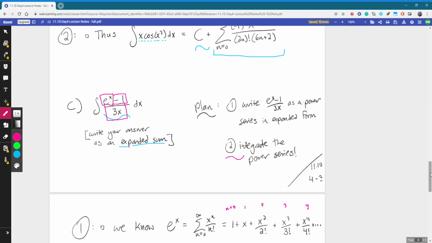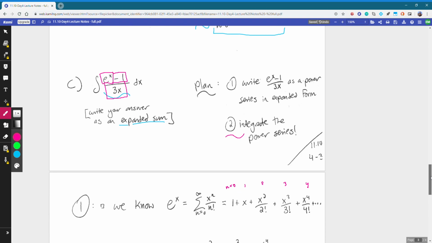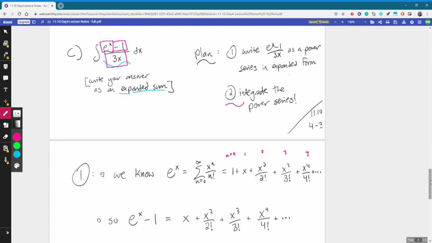The thing to remember is, if we want to subtract 1, we only want to subtract 1. And so what I mean here is, if this is e to the x, well, if we then want to subtract 1, we only want to subtract 1 from the right-hand side.